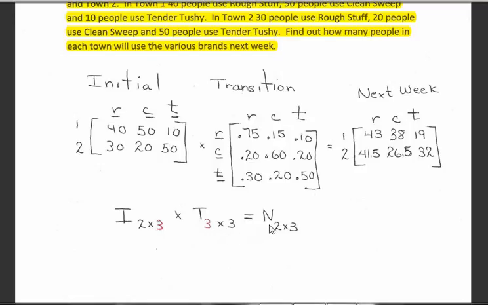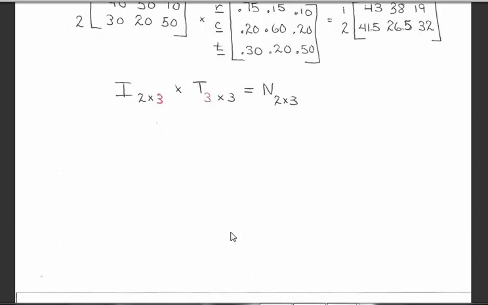When you multiply, you get the next week matrix, and it gets its row names from the initial matrix and its column names from the transition matrix. And it ends up being 2 by 3. Okay, that's what happens. Now, why does it happen?